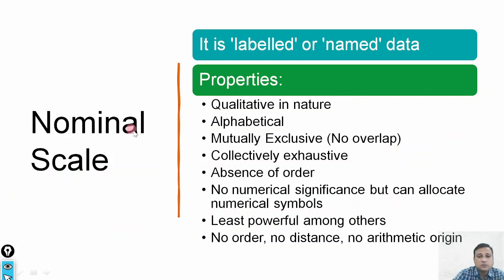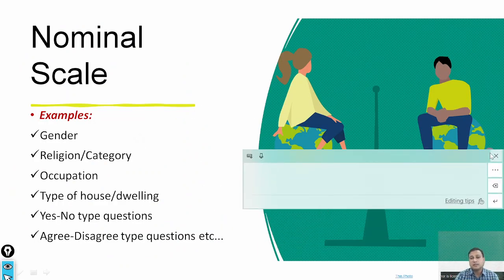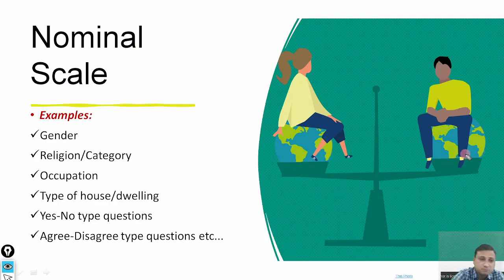Now let me take you to the examples of nominal scale. What are the examples of nominal scale? Gender. Yes, gender is one example of nominal scale because we get responses in such a pattern that we are getting responses like male or female or transgender. Religion: Hindu, Muslim, Christian, Jain, whatever. Category: general category, SC, ST, OBC.